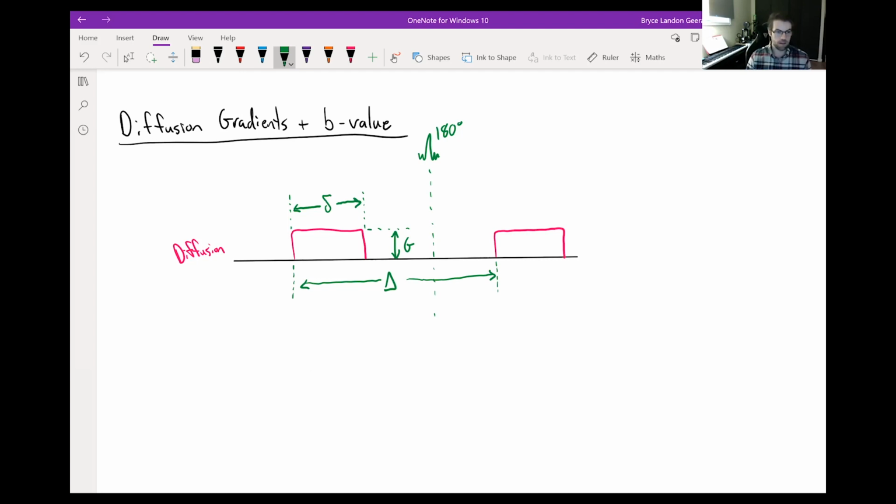These factors all come together in something called the B value. If you've read or are familiar with diffusion-weighted scans at all, you will have come across B equals 1,000 or 2,000 or 900, what have you. That is a number that's describing the diffusion sensitivity of your scan.